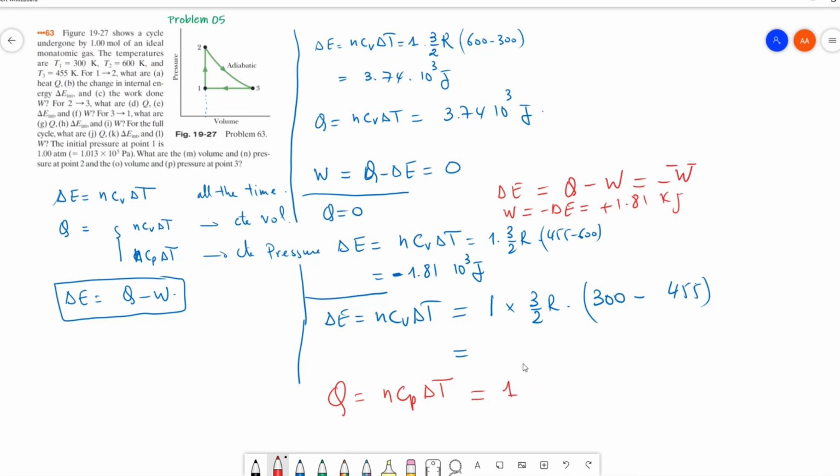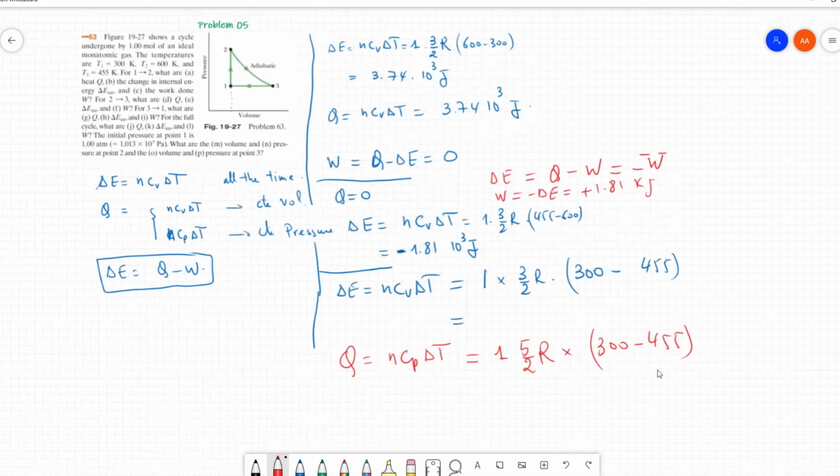Cp should be in your formula sheet: it is Cv plus R, which means 5 over 2 R. And delta T is 300 minus 455. You do the numerical application here. It's easy.